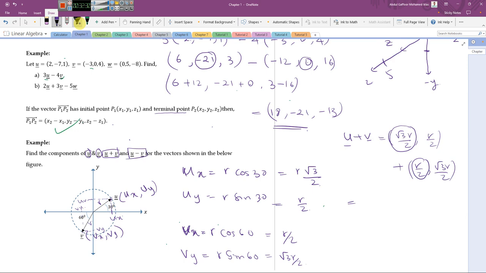So this will be equal to r by 2 into square root of 3 plus 1 comma again r by 2 into square root of 3 plus 1. Okay, right, this is u plus v, and for u minus v you have to just replace plus with minus. Hope you have understood this example.